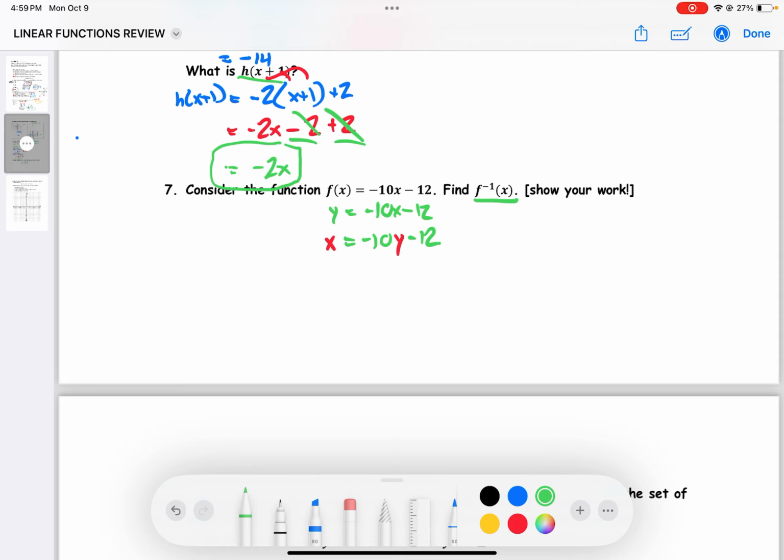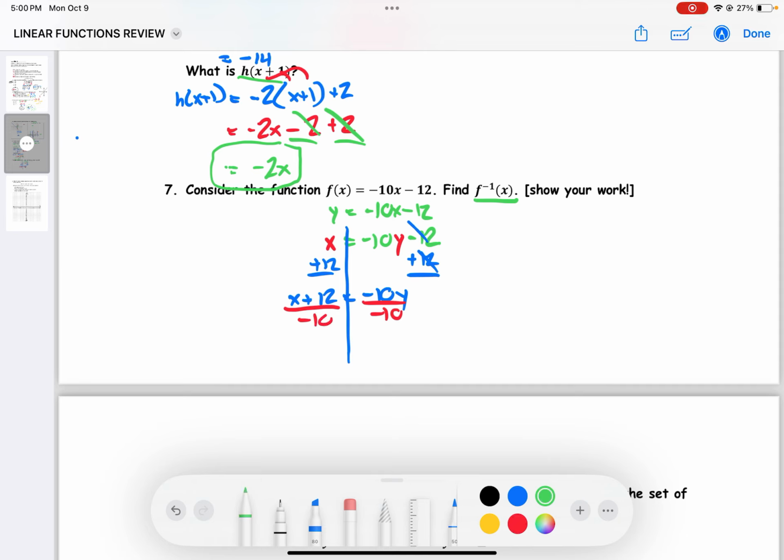Okay, and now we are solving for y, right? Everything on the right-hand side that's along with the y is currently a problem. So I have to fix both the multiply by -10 and the subtracting of 12. So subtract 12, that means I will add 12 to both sides. x plus 12 equals -10y. And then the opposite of multiplying by -10 is dividing by -10.